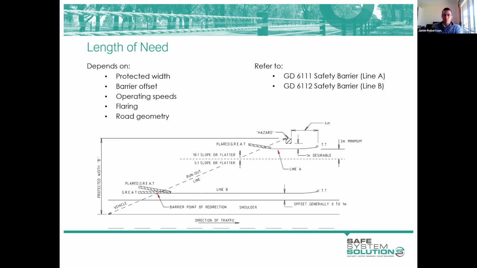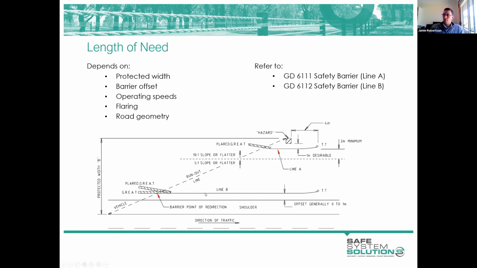You can flare a terminal by just kinking around the terminal itself. The entire terminal needs to be straight, but you can basically kink your rail between the terminal and your longitudinal barrier, or introduce a short radius at the transition here to flare the terminal away.